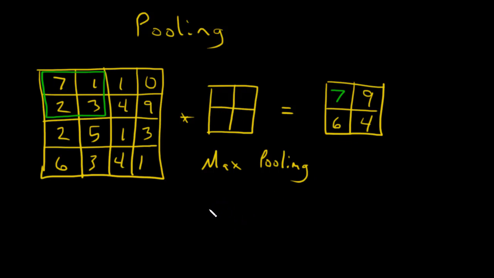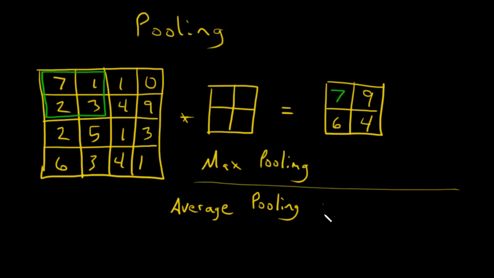The other type of pooling is called average pooling, which is nowhere near as common. And as you can probably guess, average pooling averages the 4 values. So in average pooling, my 2 by 2 resultant matrix is going to have values of, well, the average of these values is 3.25.